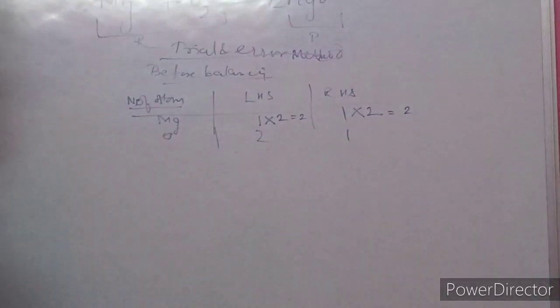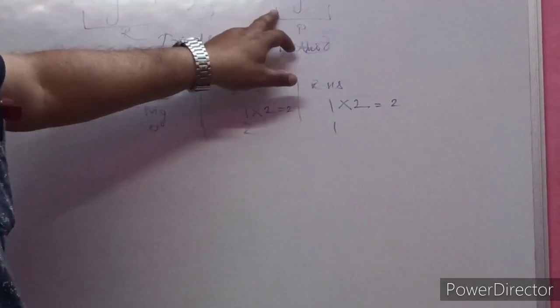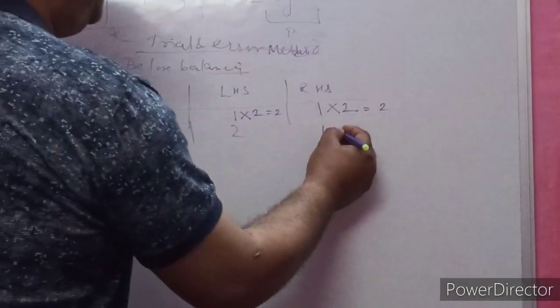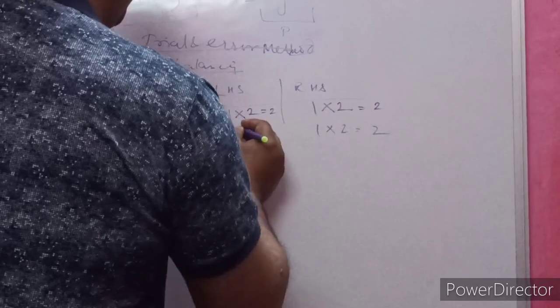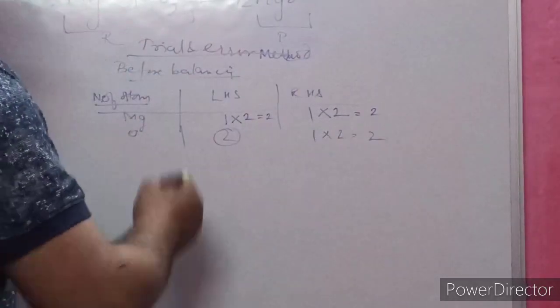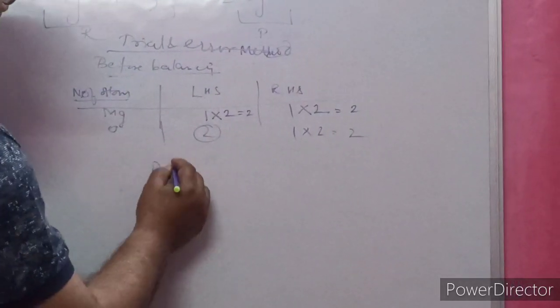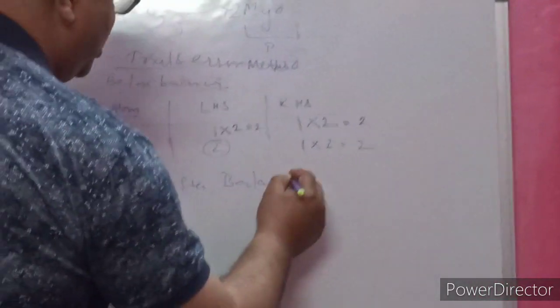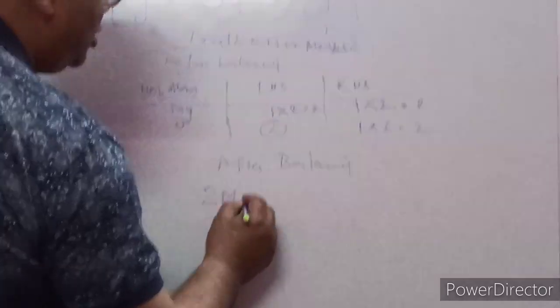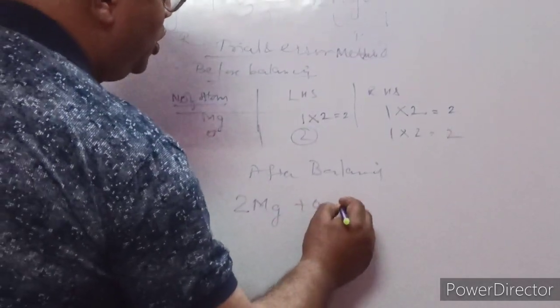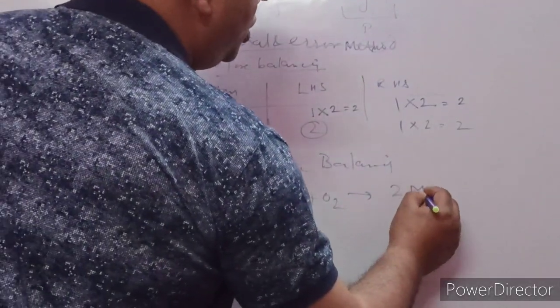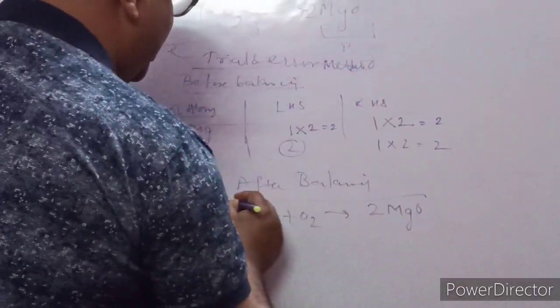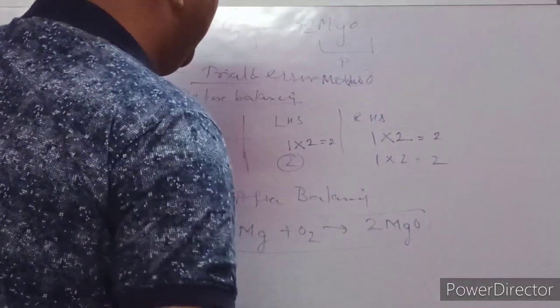Now the number of oxygen in the LHS is 2, so 1 into 2 becomes 2, and already on the LHS it is 2. After balancing, it becomes 2Mg plus O2 gives 2MgO. This is a way of balancing a chemical equation.